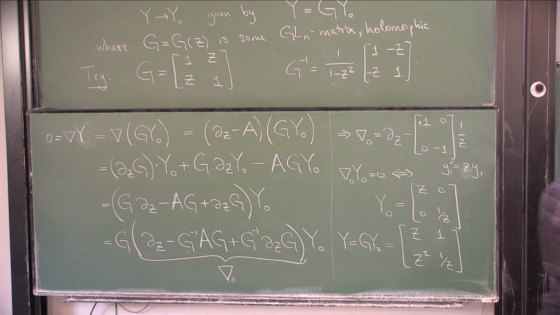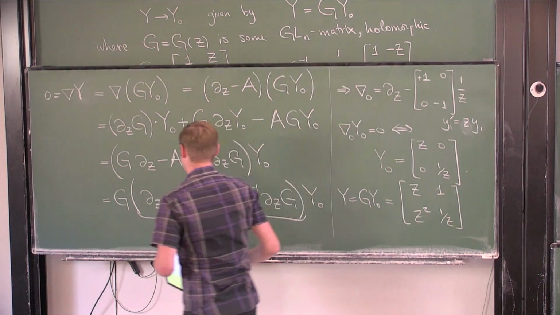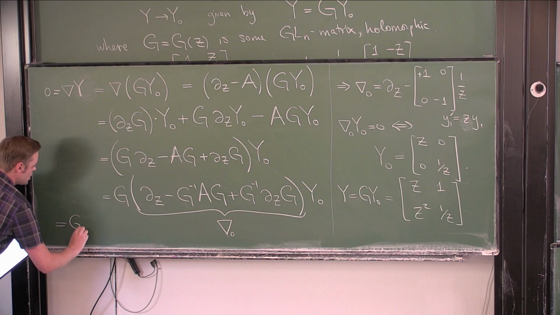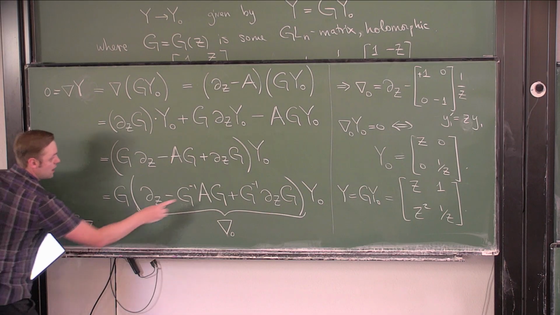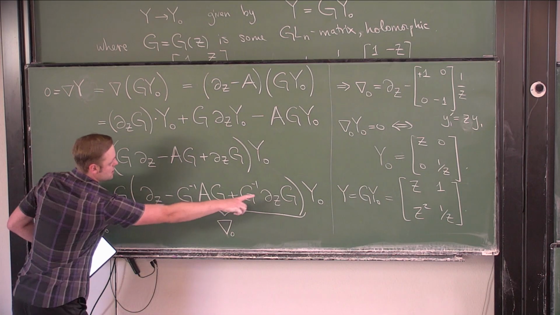Is this obvious? Maybe let me write it here. So just to continue this equation, we have G nabla naught applied to y naught, right? That's what this equality says.